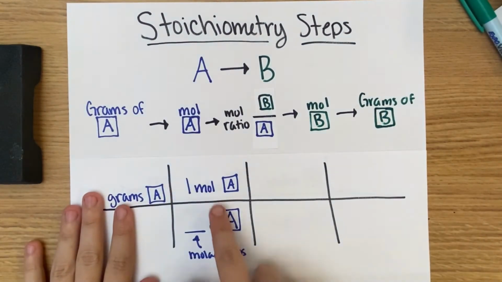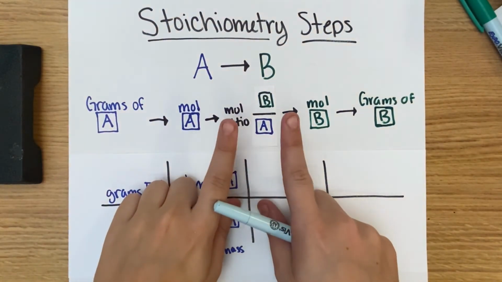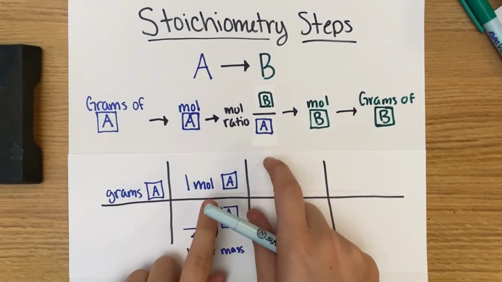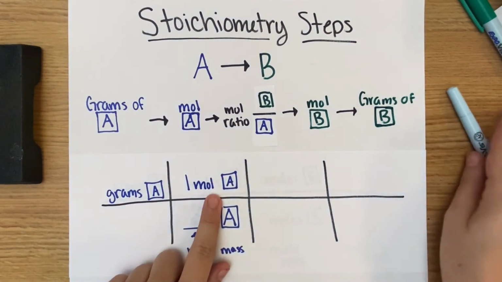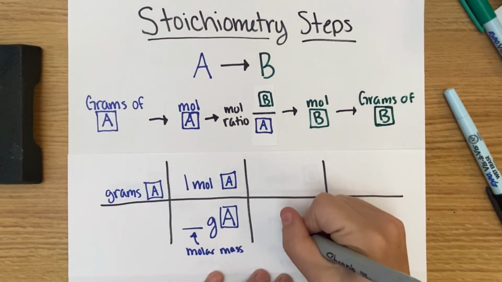The next step is to go from moles of A to moles of B, and we use that mole ratio to figure that out. So for the mole ratio, the moles that we're starting with are going to go on the bottom.